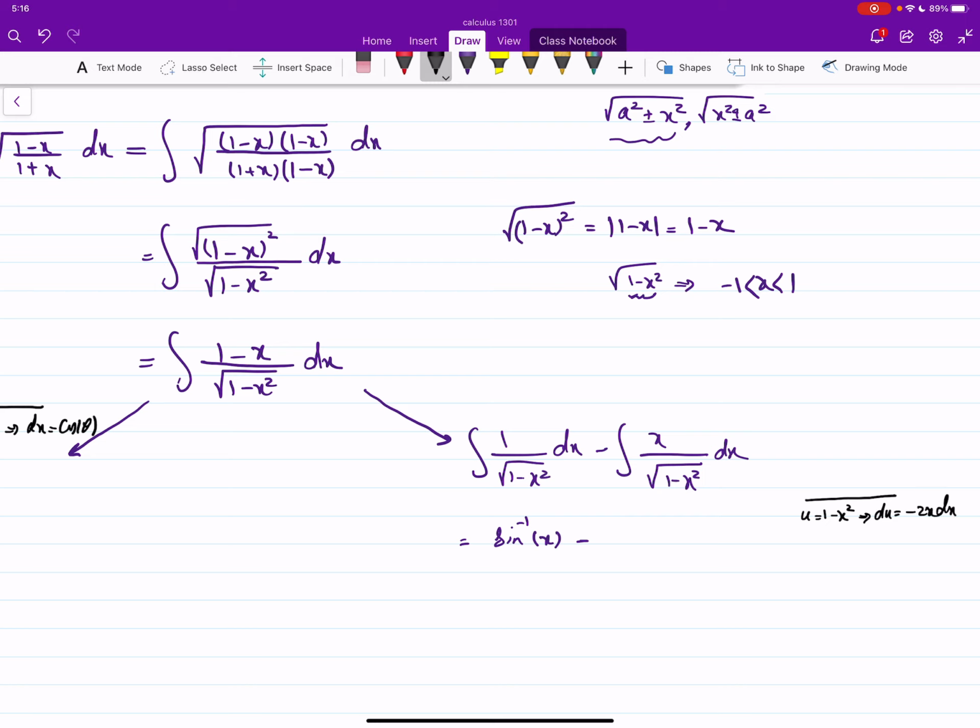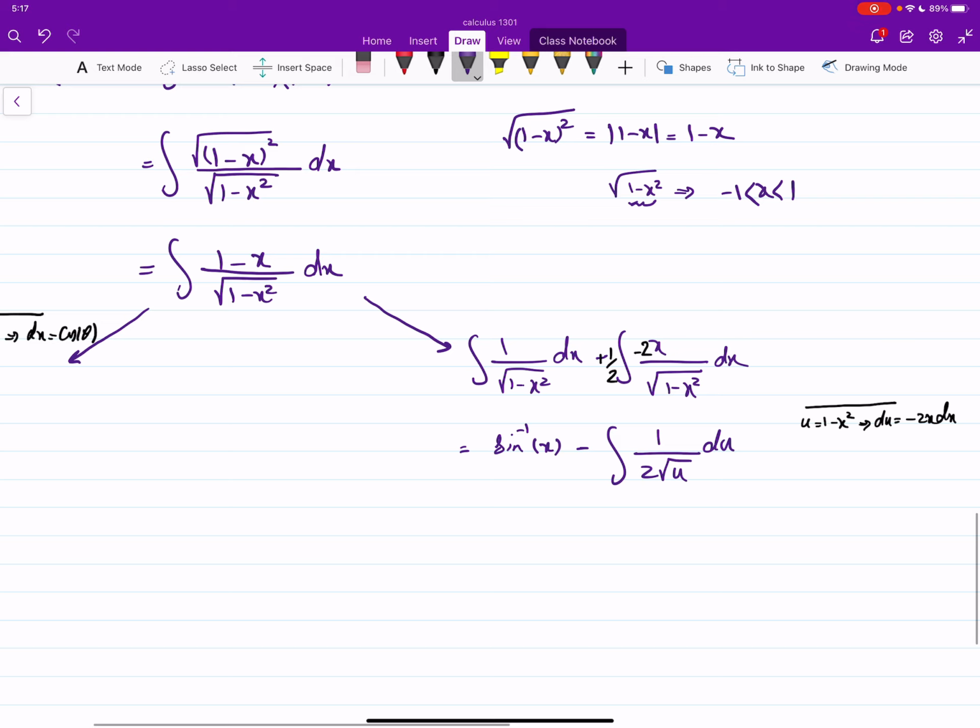Okay, so this way I can write negative 2x there and 2 there, and then my integral would turn into what? A half. Okay, I could put it in u du. And that's a simple integral, because I want to continue this and then plug back in.